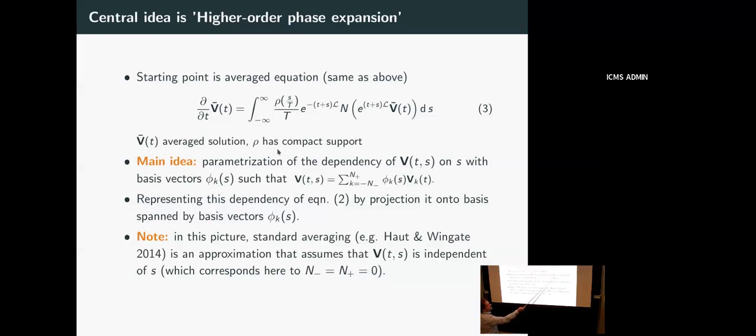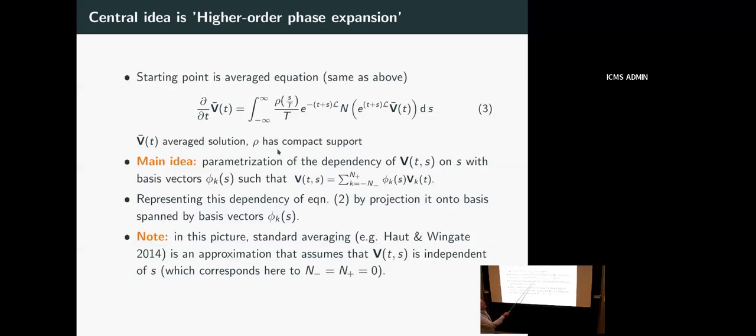The solution can be anything, a velocity and height field, for instance in a shallow water equation. We assume that we can parameterize the dependency of this solution in terms of S. So we say we have a basis vector that depends on the phase S, and this is going to be selected later on, and I give two examples.